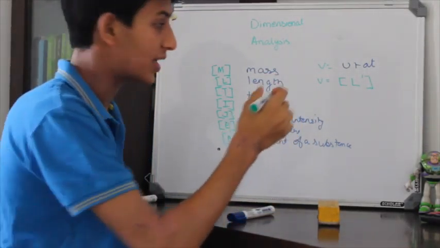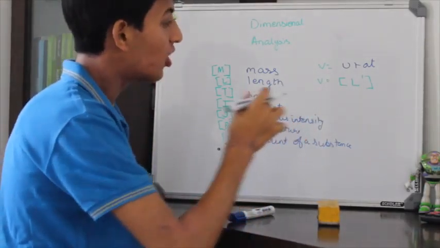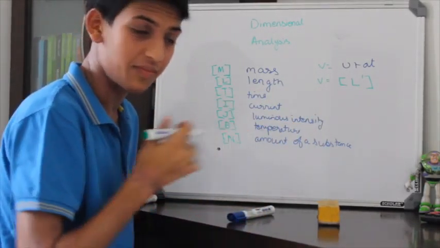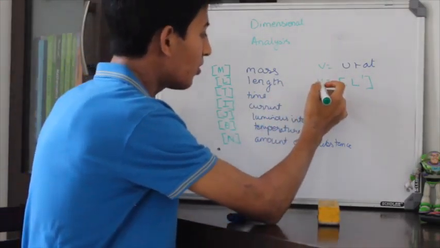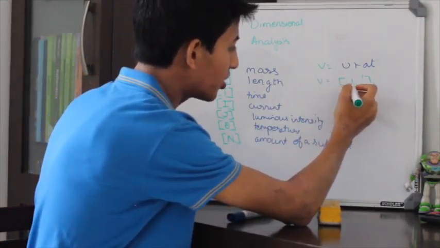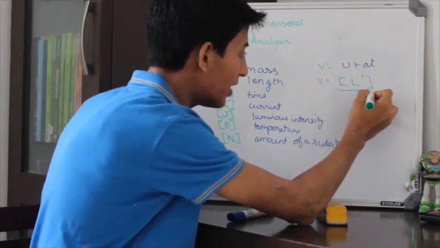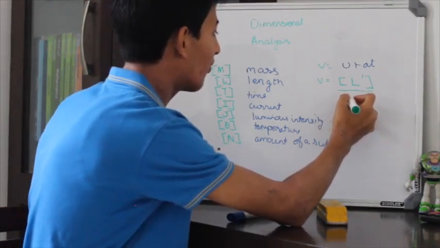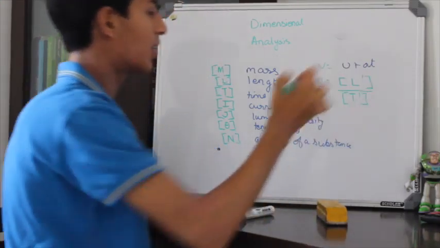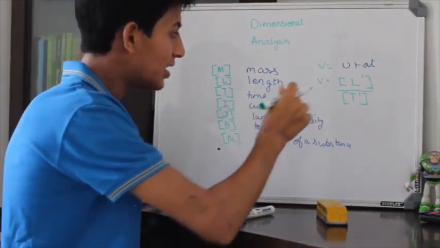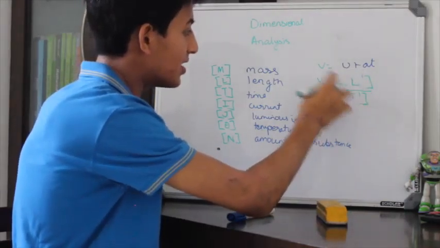For example, if you have acceleration, as we will see a bit later, you will have t squared, you won't have t. So the velocity is equal to the dimension of length by the dimension of time. So as you can see, this by this is the velocity.